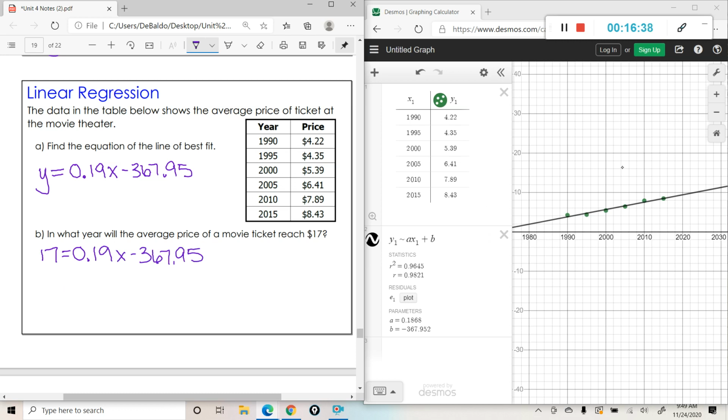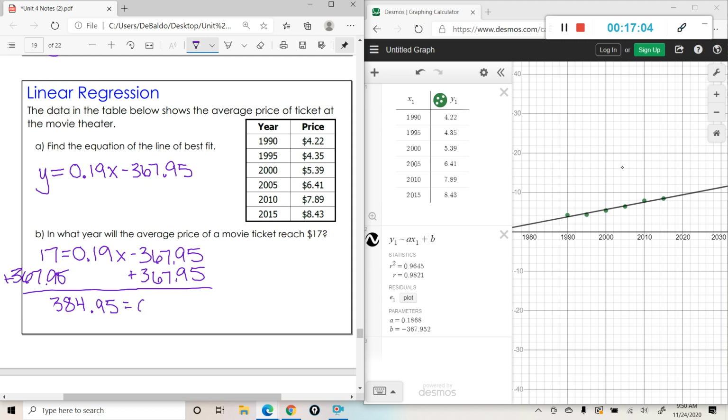All right, so let's go ahead and add $367.95. And you can use your Desmos calculator since you have it open. So I'm going to take 17 and I'm just going to add it to that number. And I get this number, 384.95.